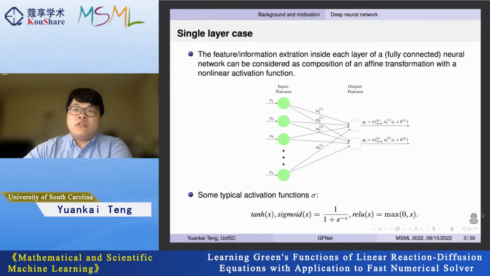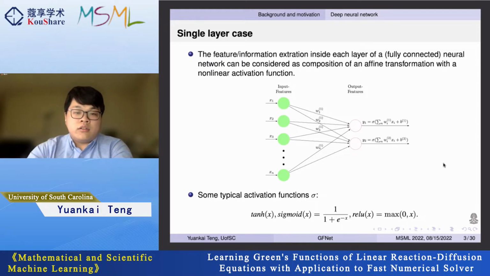Here I would like to introduce some basic information about the fully connected neural network, which is used in my work. The feature and information extraction inside each layer of a fully connected neural network can be considered as a composition of an affine transformation with a nonlinear activation function.